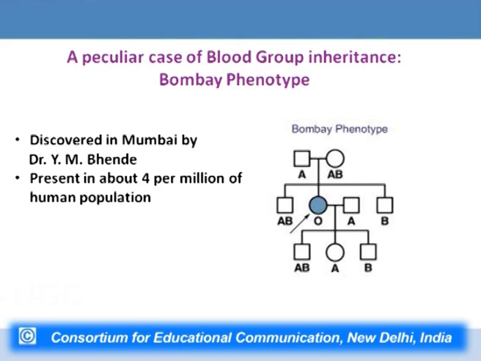A peculiar case of blood group inheritance was seen in Mumbai, and it was named the Bombay phenotype.